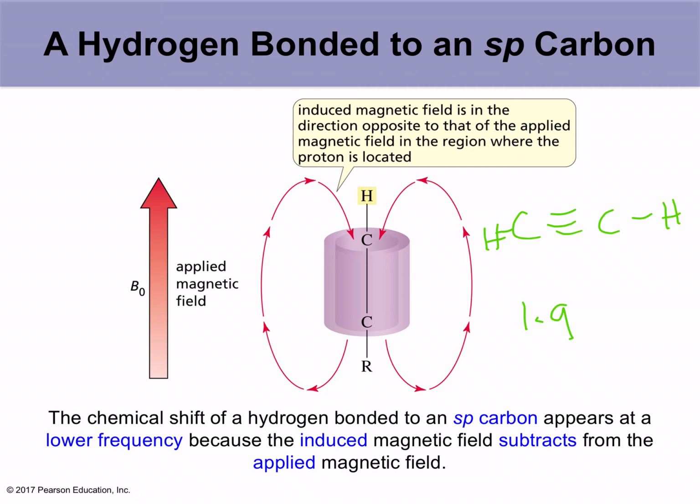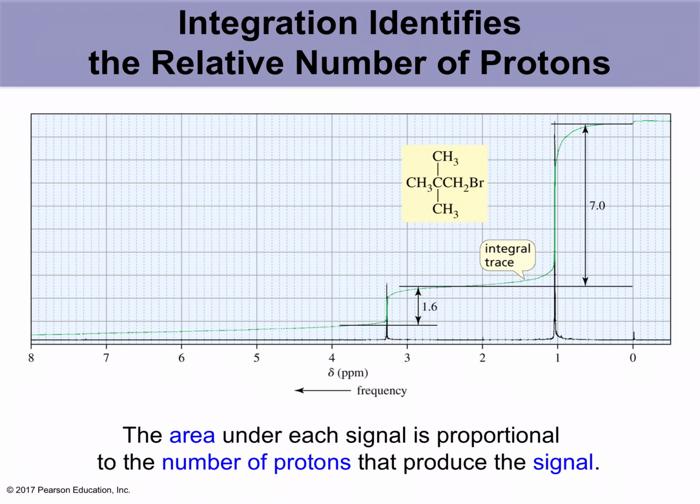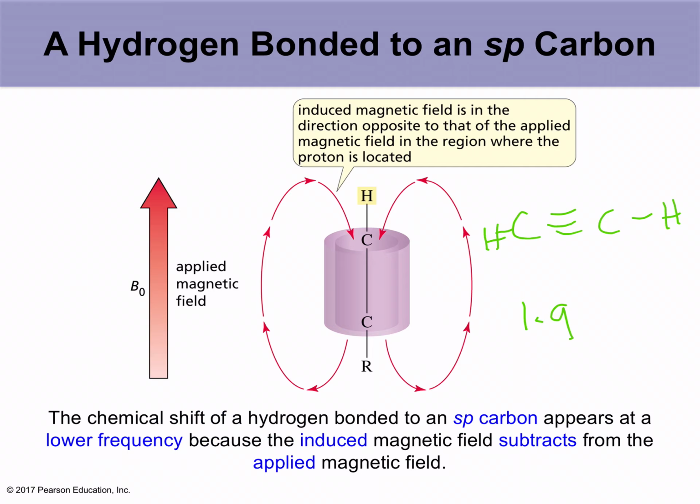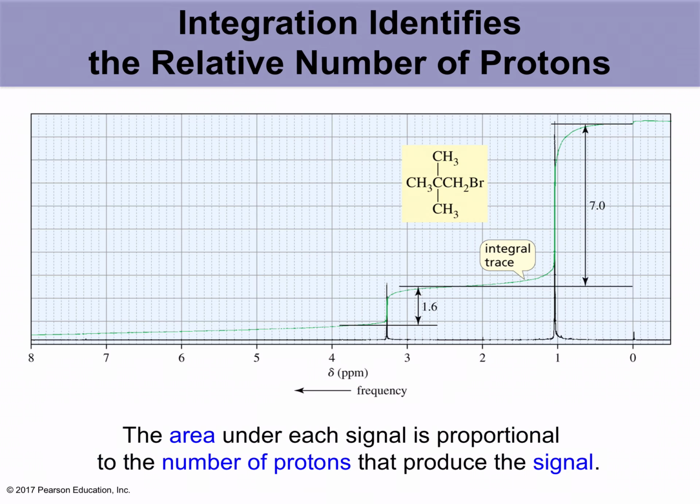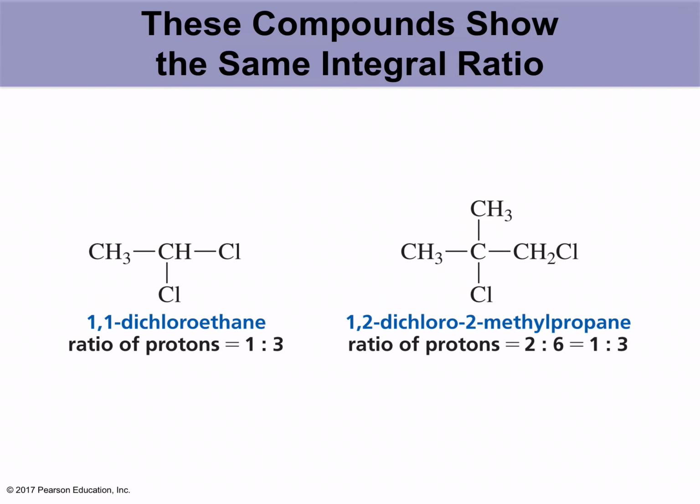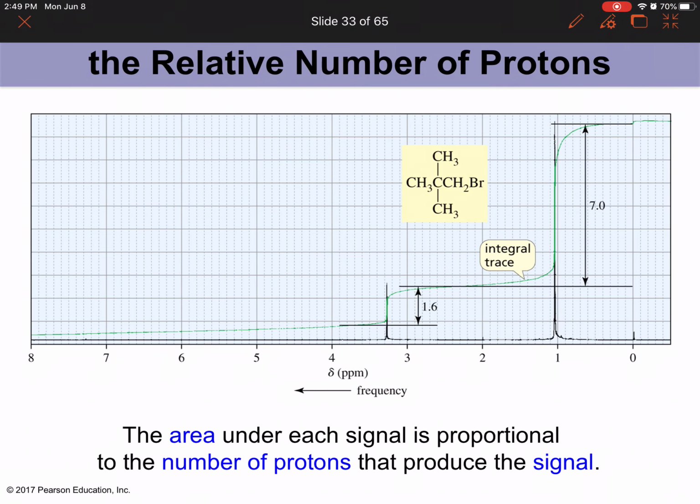So the proton senses a smaller effective magnetic field and therefore shows a signal at a lower frequency than it would if the pi electrons did not induce a magnetic field, because the induced magnetic field subtracts from the applied magnetic field. So we can start the integration in the next session.